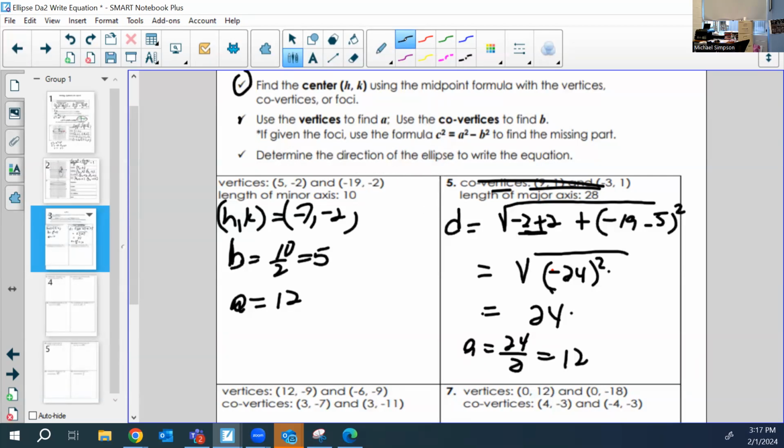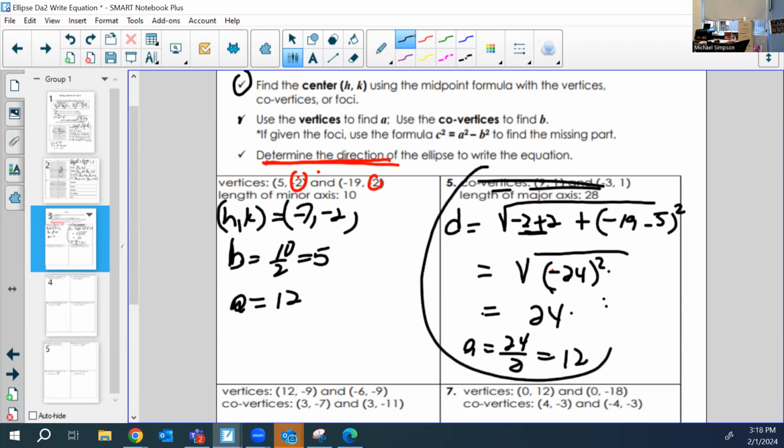If you look at these two coordinates, you notice that the y value doesn't change. It is negative 2 here and negative 2 here. Therefore, only the x values are changing. So this line is a horizontal line. This is your major axis. It is horizontal.